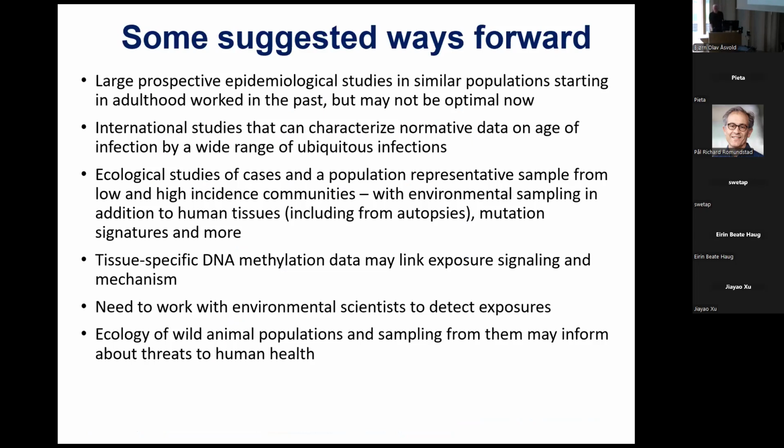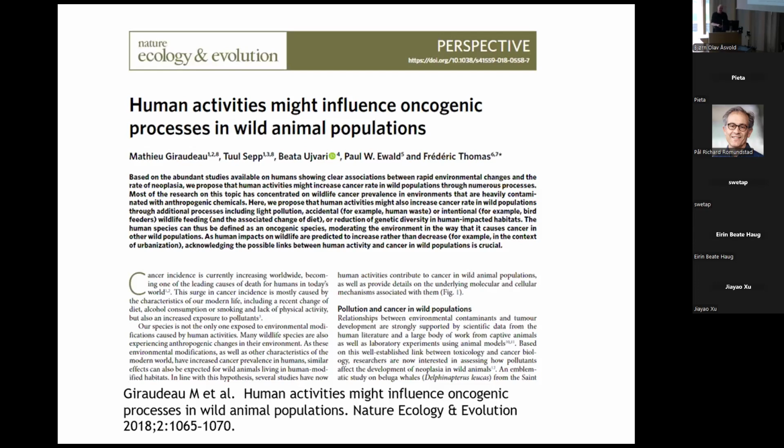An interesting thing which was suggested in the 1940s, 1950s, or 1960s even, was that because wild animals weren't developing cancer then, it wasn't environmental in the old ways we think about environment. But there's more recent evidence that oncogenic processes are becoming commoner in wild animals.